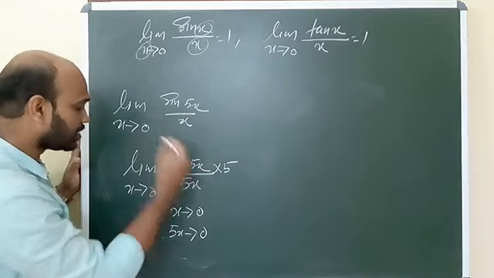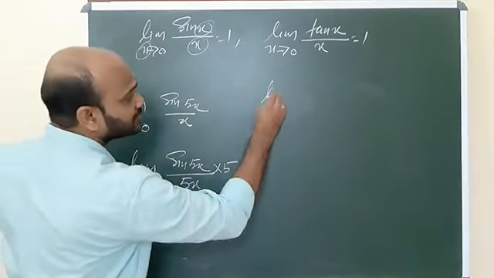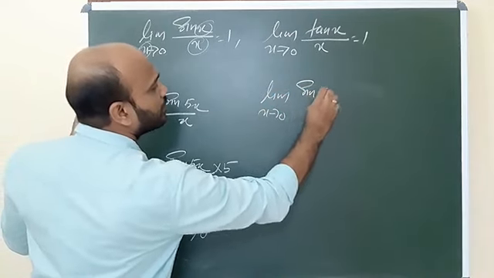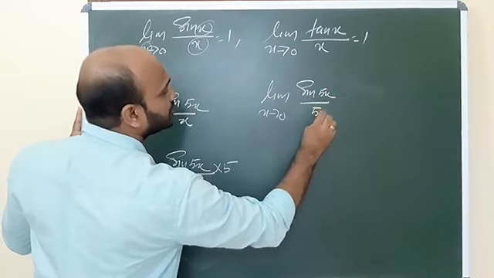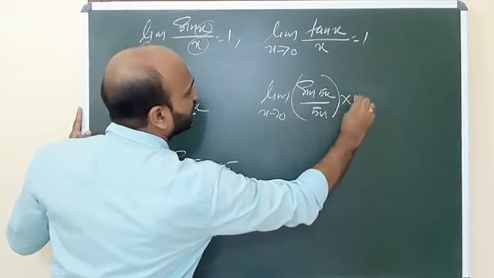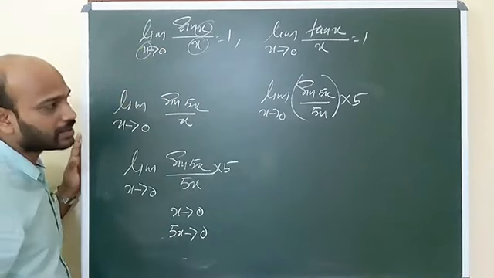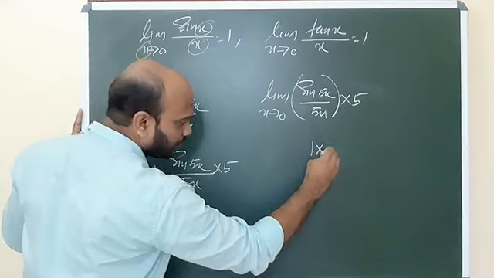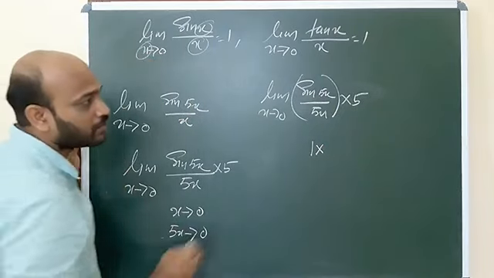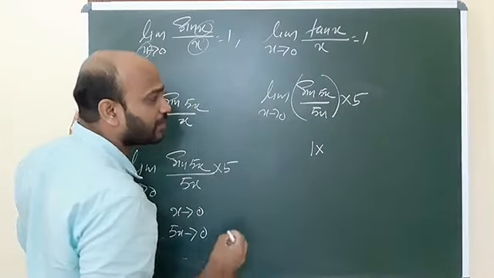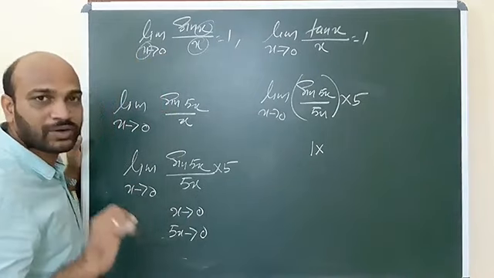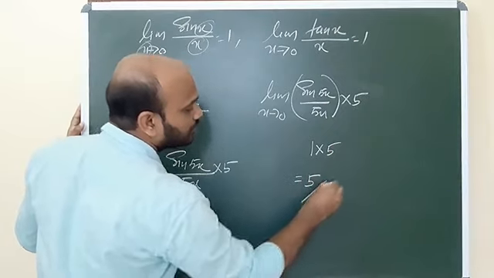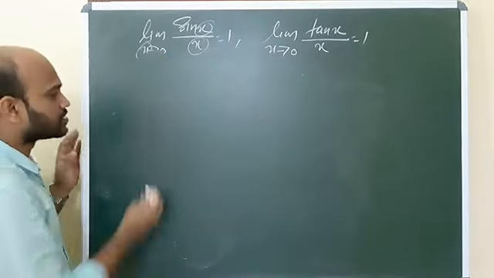So this limit we can rewrite as limit x tends to 0 sin 5x by 5x into 5. Now we can apply the property of limit. Limit x tends to 0 sin 5x by 5x will be equal to 1 into limit x tends to 0 of 5. 5 is a constant. If we give any value for x, it will always be equal to 5. So what about our answer? It's equal to 5.